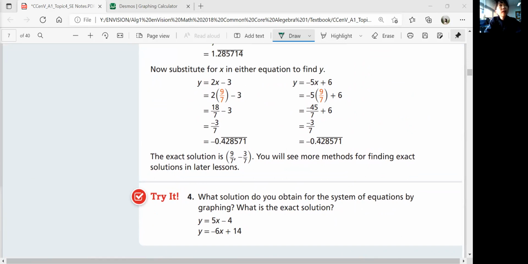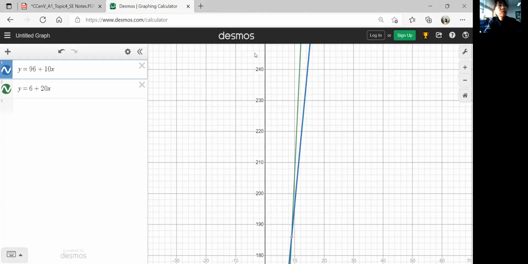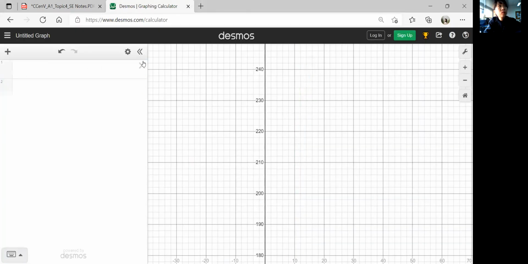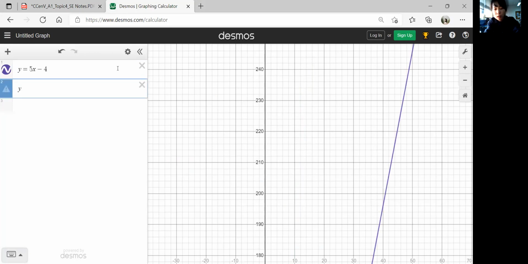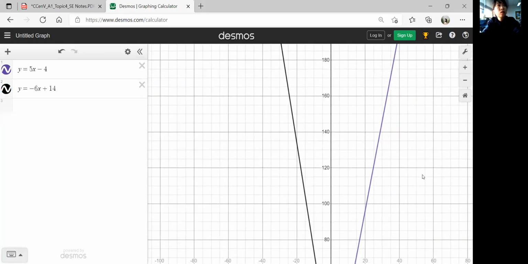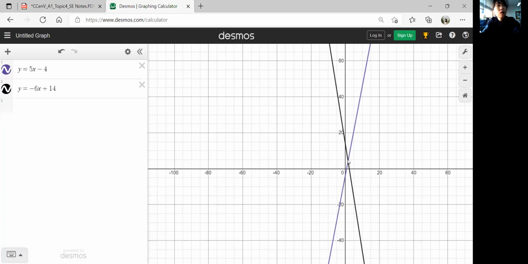So by graphing, why don't we graph the 2 lines on decimals? Y equals 5x minus 4 and y equals negative 6x plus 14. Okay. Our intersection point is 1.636, comma, 4.182.